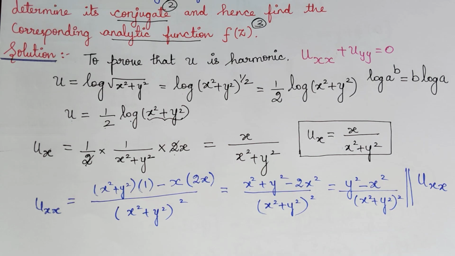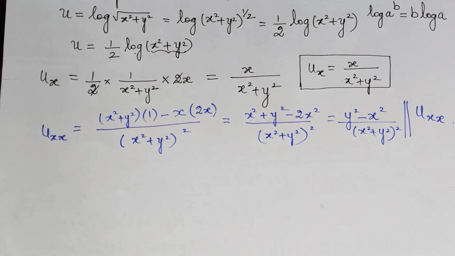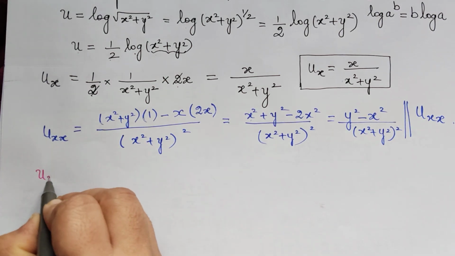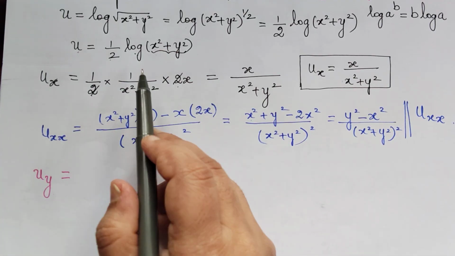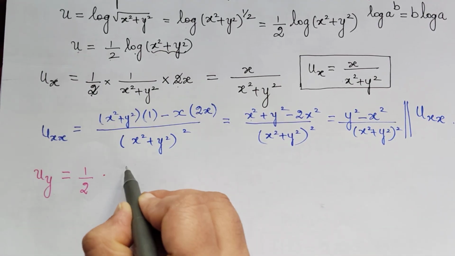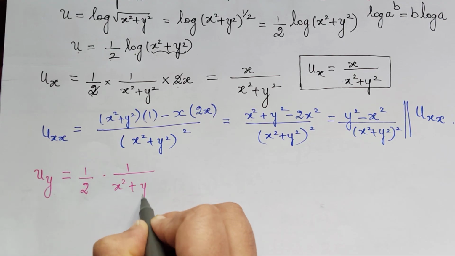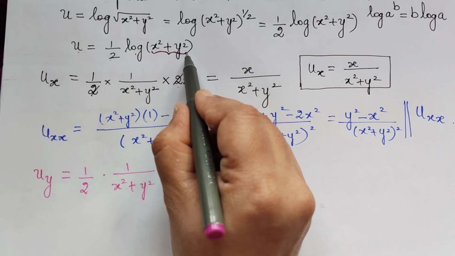In a similar manner, we have to find uy and uyy. So let us do that. So if you see, we have u here, and so uy will be partial differentiation of u with respect to y. So when we differentiate this, 1 by 2 comes as it is. Differentiation of logarithm is 1 by x square plus y square multiplied with the differentiation of whatever is in the bracket.